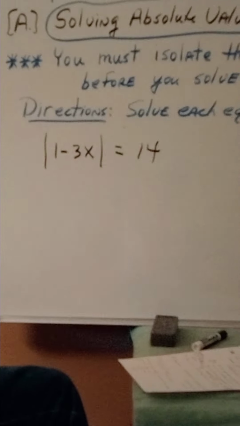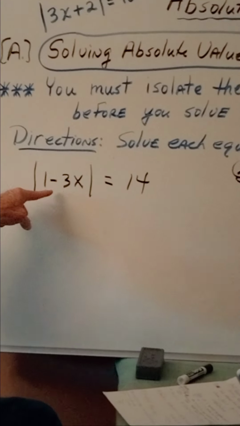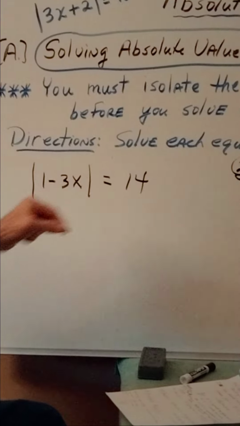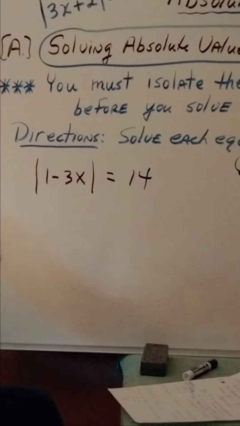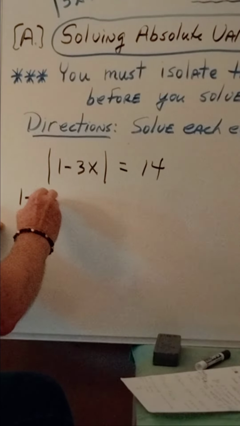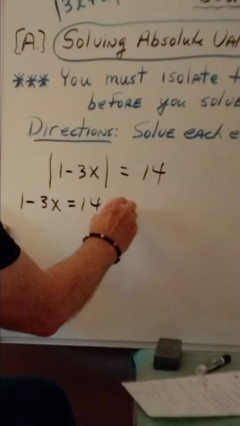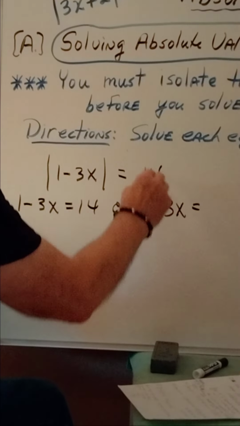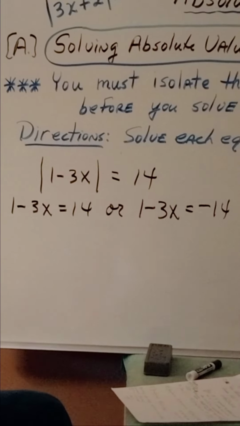Now look at the style of the absolute value equation. Here's your u, and that c is once again positive. How many equations? 2. 1 minus 3x is equal to 14, or 1 minus 3x is equal to the opposite of 14, a negative 14.